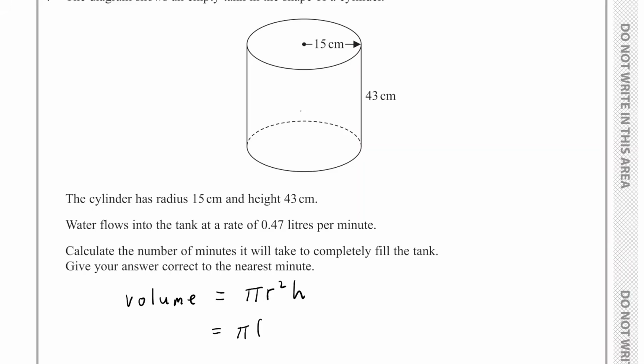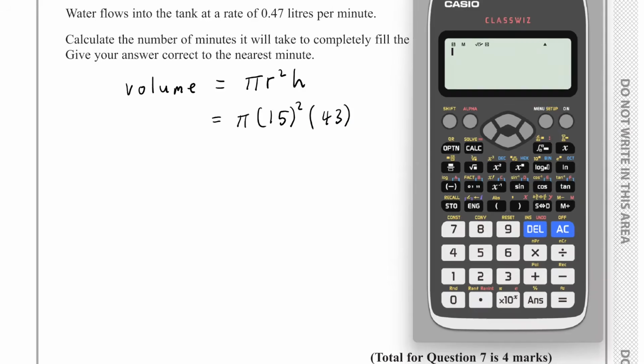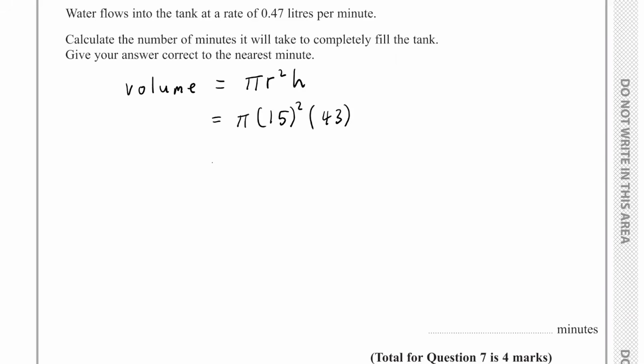So we have pi times 15 squared times 43, which is 9,675 pi. As a decimal, that's 30,395 centimeters cubed.